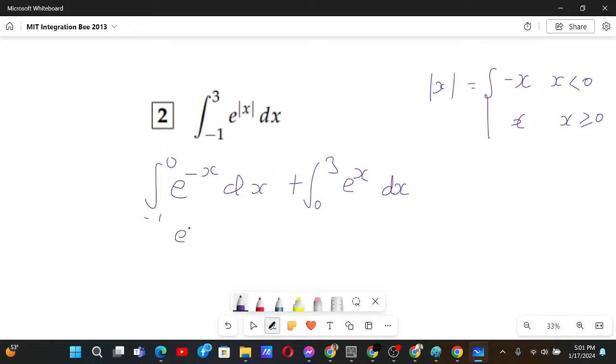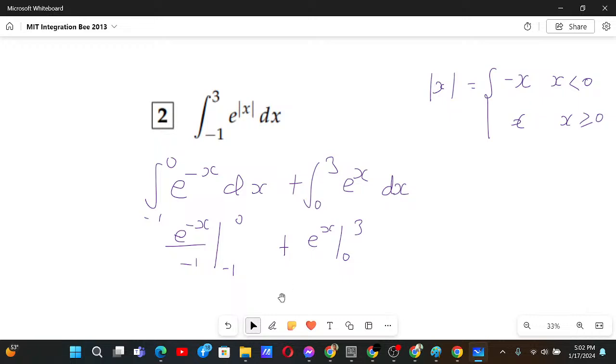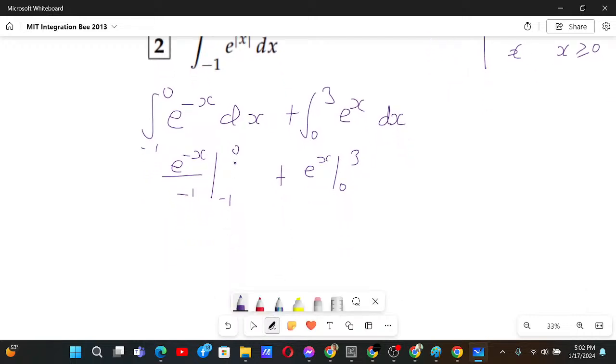Now this will be e to the power minus x by minus 1 from minus 1 to 0, and e to the power x from 0 to 3. When this is 0, we will have e to the power 0 by minus 1, and then minus minus plus e to the power 1. And then the next is e cube minus e to the power 0, which is 1.